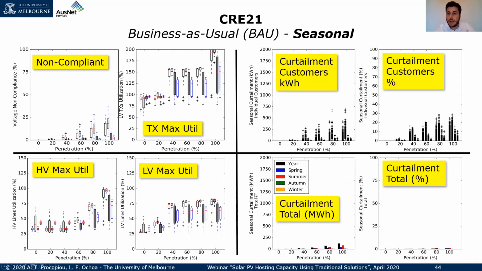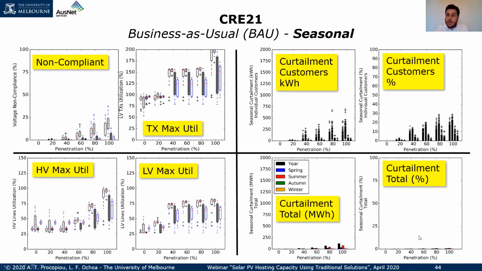Now, the most important thing in this particular slide is the effect on the customers, and we can quantify this through the curtailment levels that customers are facing using these particular settings and functions.